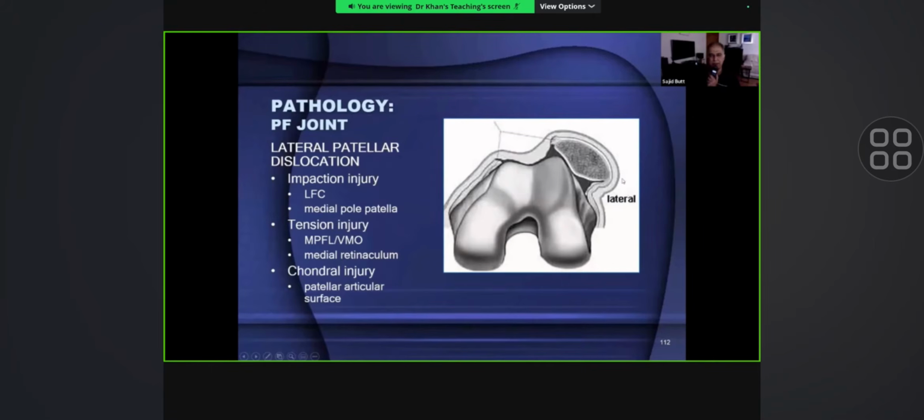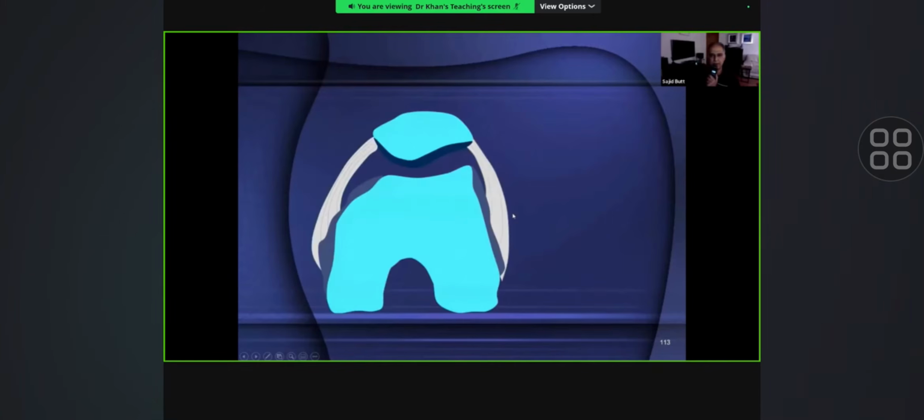That's the medial side, that's the lateral side. Excessive lateral pressure results in disruption of the medial stabilizing structures of the patella, injury to the medial patellar retinaculum. The patella goes laterally, it hits the lateral femoral condyle, you end up with bone bruising on these 2 sides. Then the patella tends to relocate and we end up with just the telltale signs.